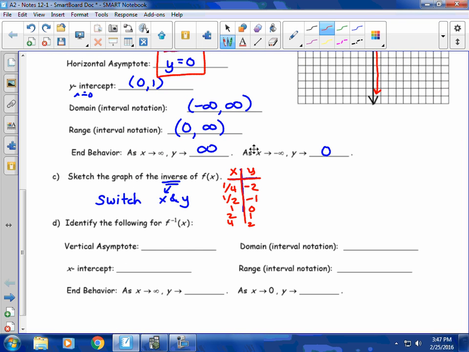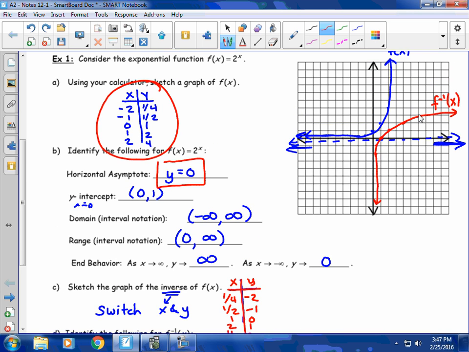Well, it's going to become x equals 0. So we should put that in our inverse graph as well. Go back up to your graph over here and dot in x equals 0. So that's part of it, there's a vertical asymptote with the inverse of log, or inverse of exponentials.